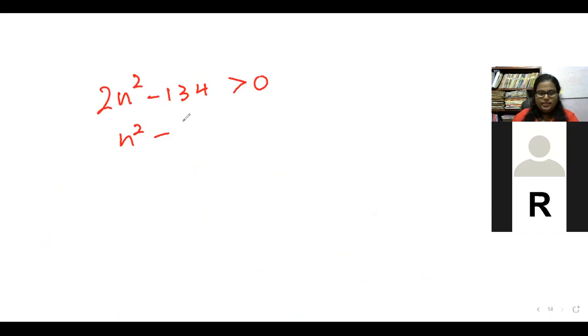So it is 67 greater than 0. So n should be plus or minus square root of 67. Since it is a square root of 67, and since it is a length, you have to take the positive integer for n.